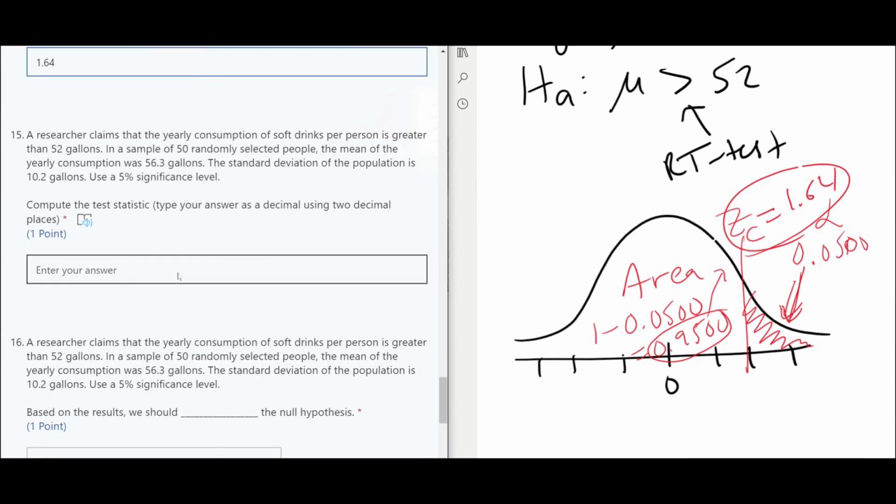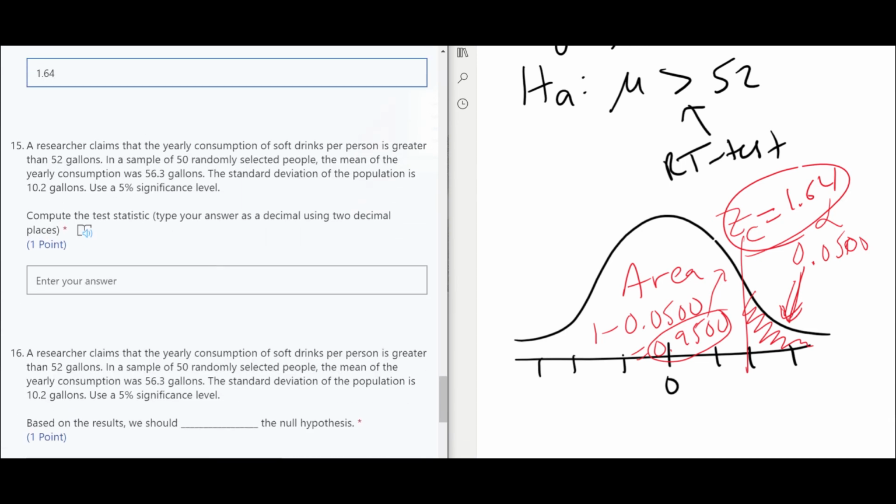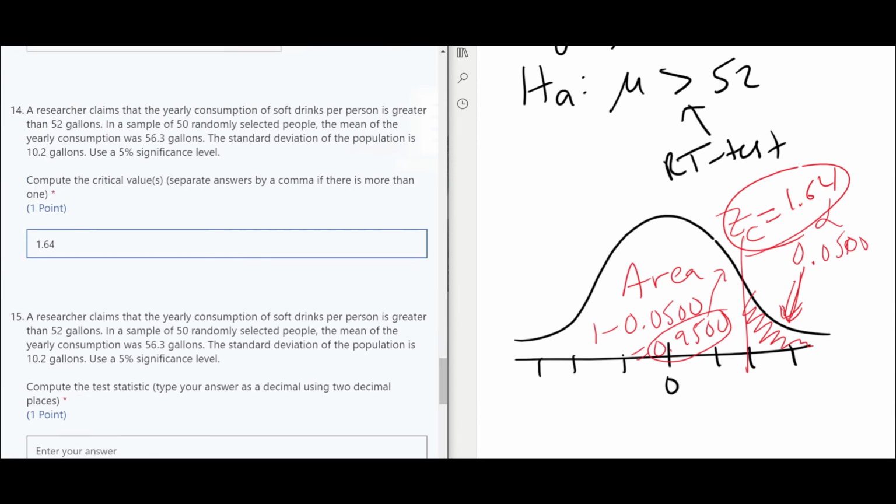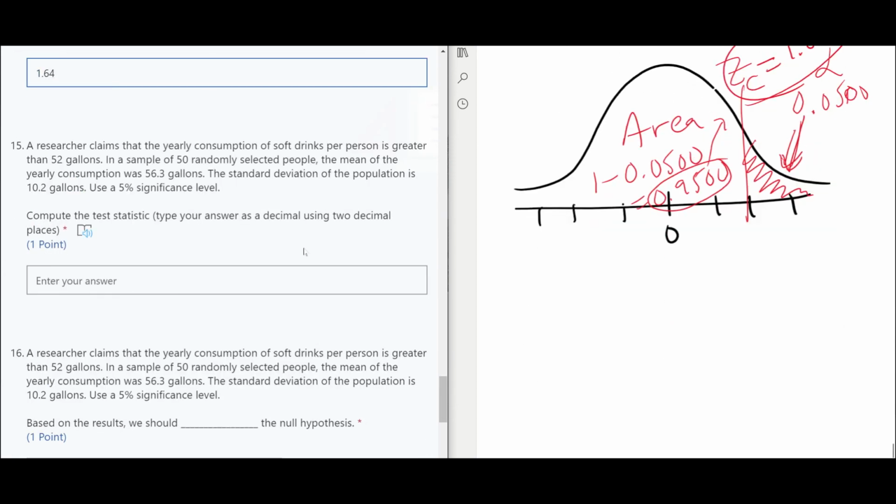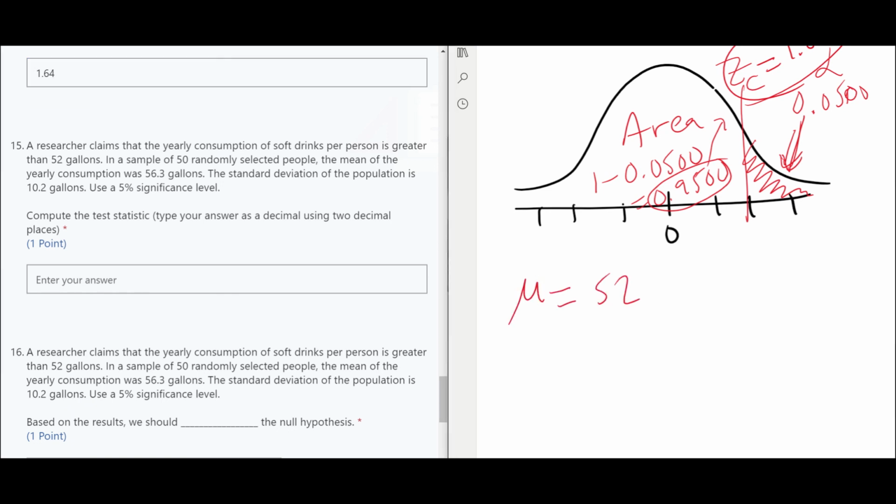All right. Researcher claims, same question, but now they want the test statistic. So let's calculate the test statistic. We know that mu is 52 gallons. That's the claim, right? The sample size is 50 people randomly selected. The mean of the sample, which is X bar, is 56.3.